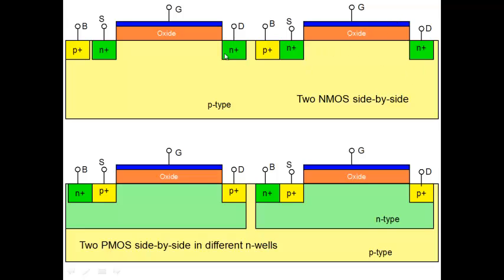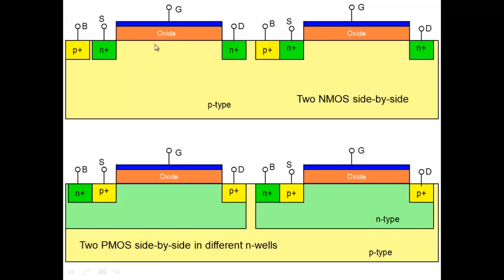So note that even though these two transistors share the same common body, if I look at the drain here and the source here, between the n plus and p, I have a p-n junction which is reverse biased. And between this and this, I have another p-n junction, which is also reverse biased. So any two terminals that you see here will be connected through two reverse biased p-n junctions, and therefore no current really flows.